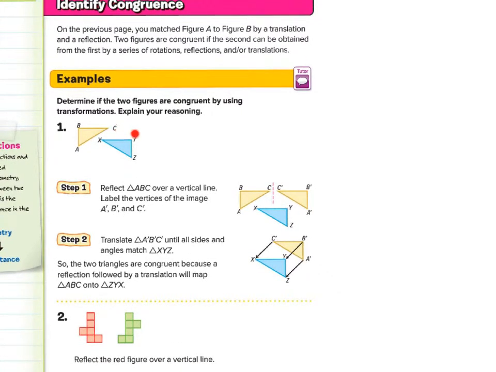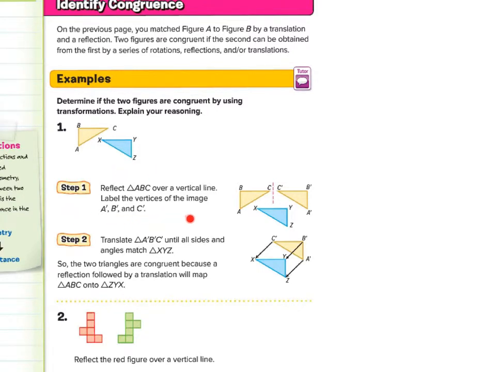Okay, for step 1, we have triangle ABC over a vertical line. What we would want to do, you can see that it's a reflection over the y-axis. When we create the reflection over the vertical line, we get the same shape now facing the same way, so that we have the new image.